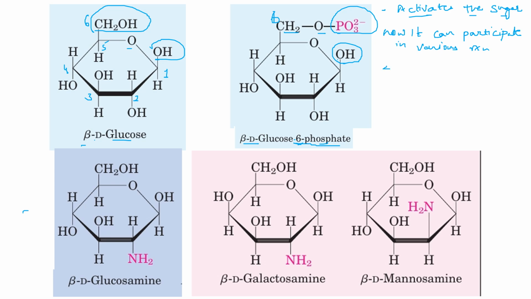Another thing, the addition of this phosphate group imparts a negative charge to the molecule, which prevents its exit from the cell, because the cell membrane does not have a transporter for this charged molecule.